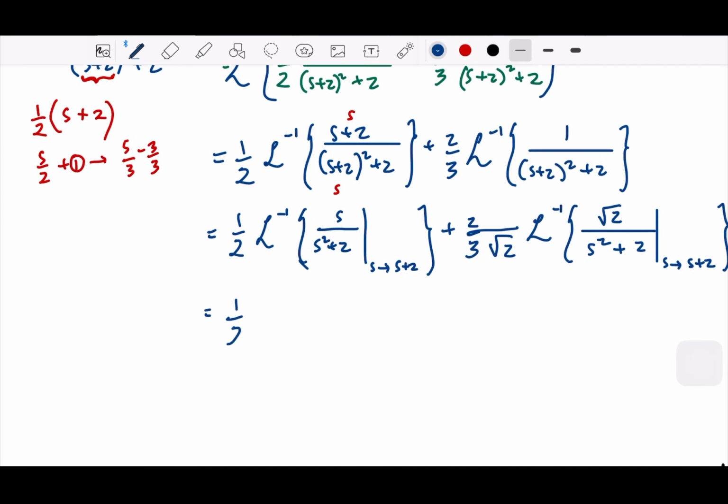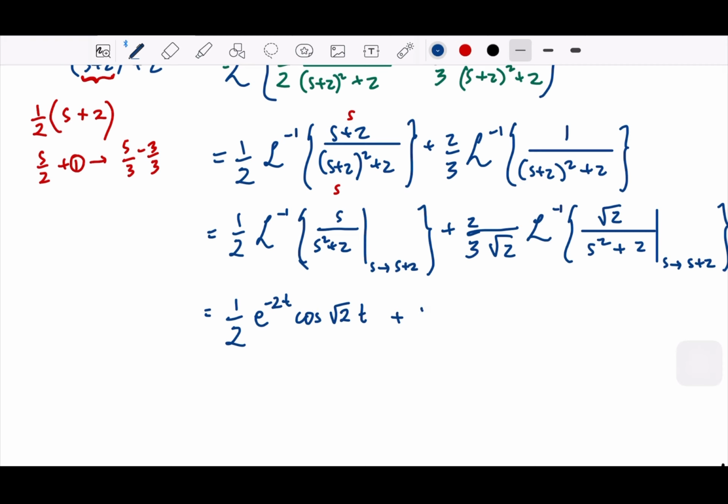So we shift it to s plus 2. So this will be half. And then shifted s plus 2 means that we have e with power of negative 2t. Okay. And then cosine square root of 2 and then multiply by t. And then plus 2 over 3, or maybe we could rationalize this.